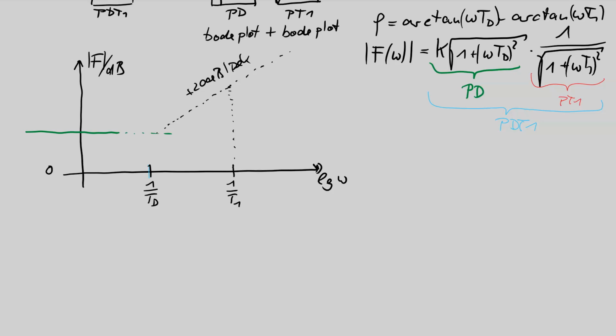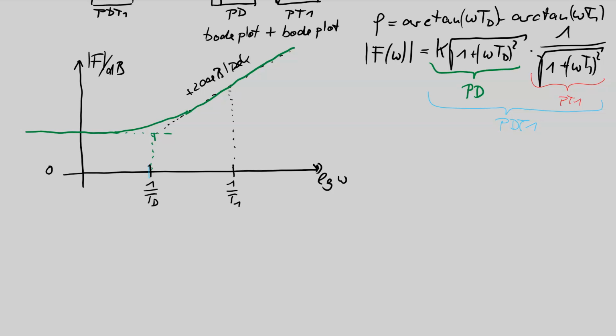So the corner frequency is 1 over TD because at omega equal 1 over TD both asymptotic curves cross each other, so the green curve goes up here with positive 20 dB per decade. The asymptotic curves have a cross point, a corner here at 1 over TD, very similar to the PT1 case, and then the exact curve is this.